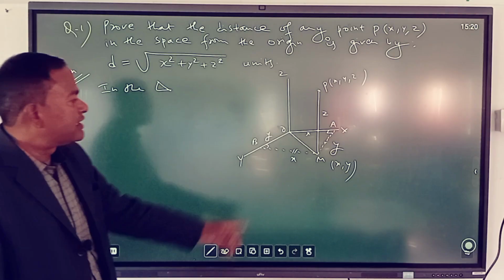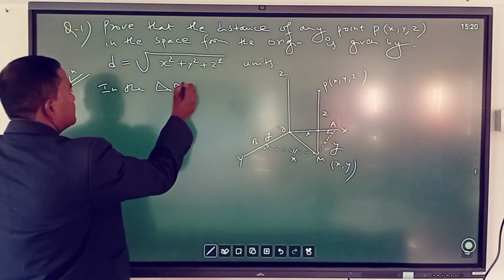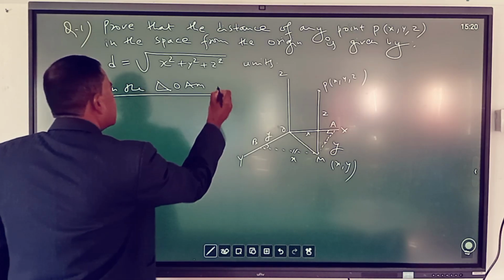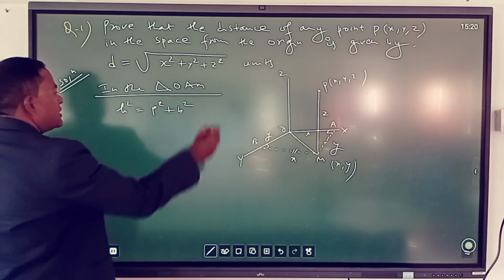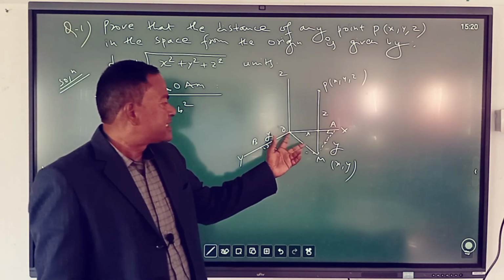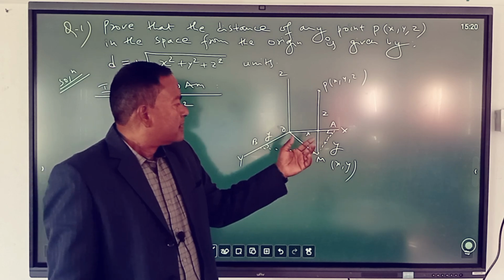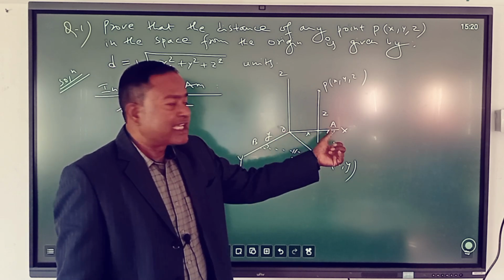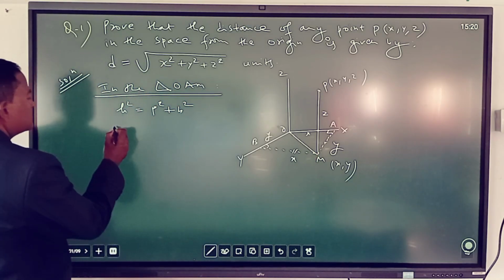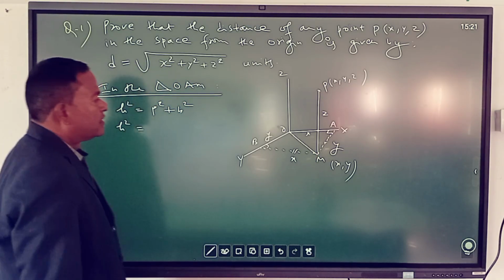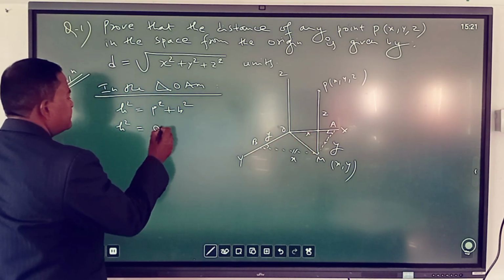Dear student, in the right angle triangle OAM, which is right angled at A, applying the Pythagoras theorem, h square is equal to p square plus b square. Let us take OA as perpendicular and AM as the base. Then we can write OA square plus AM square.